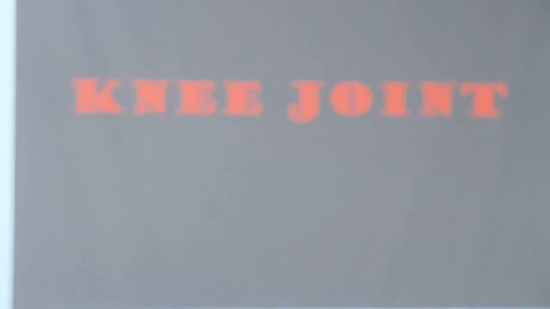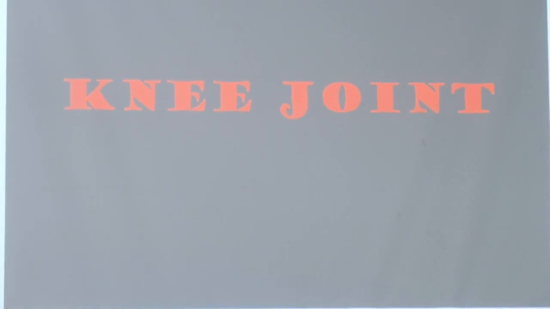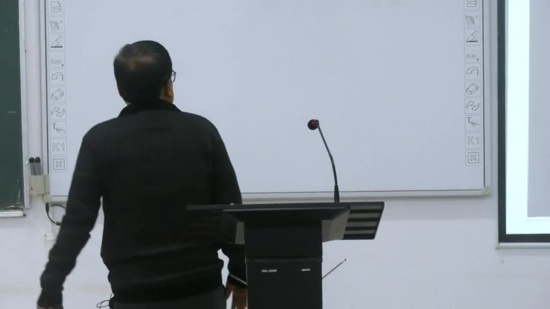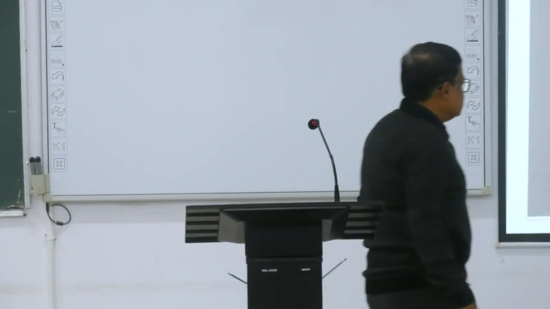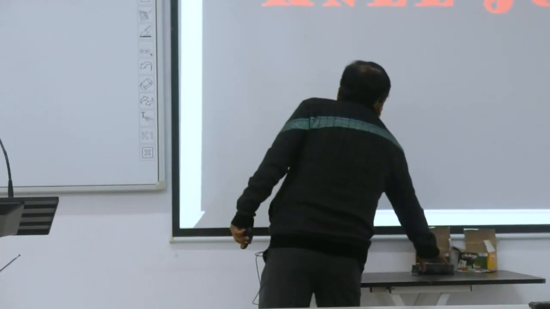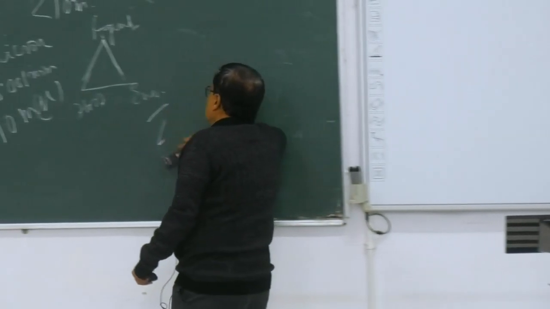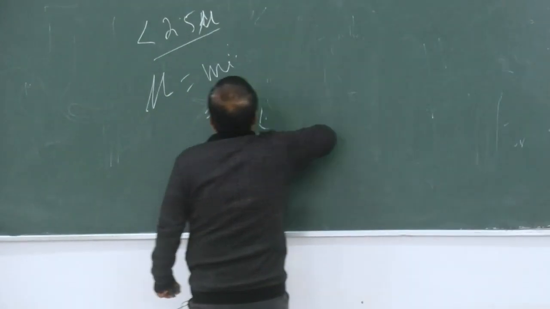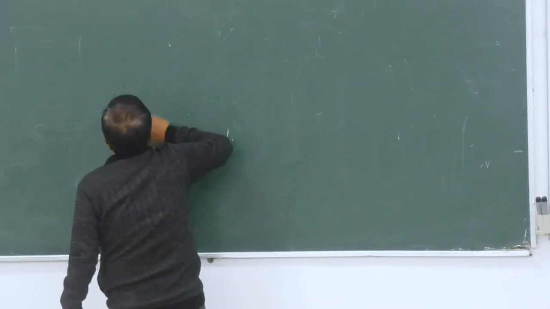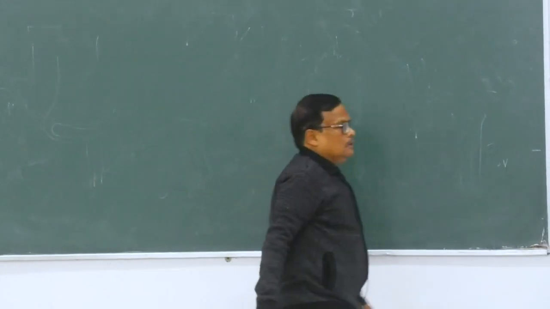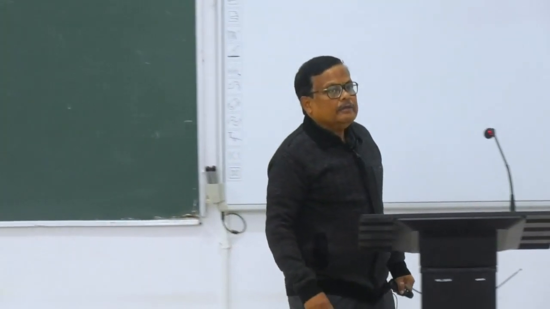Any question? I have already told you about the ligaments, and now we are going to the next most important ligament of the knee joint, that is the cruciate ligament. There are two cruciate ligaments, anterior and posterior. Which one is anterior and which is posterior?